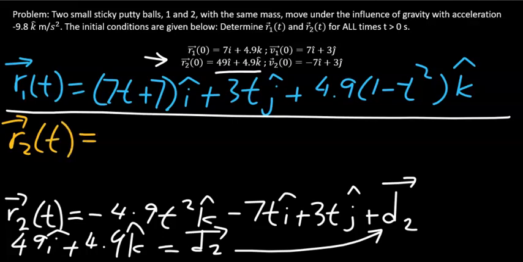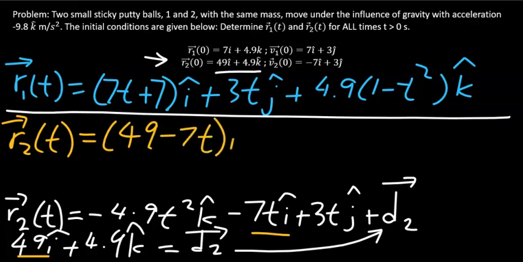Let's write down the i term. There are two, 1 and 2. So that's going to be (49 minus 7t) i hat. There is only one term for the j hat, so it's plus 3t j hat.